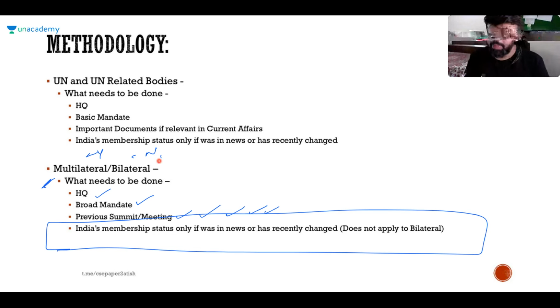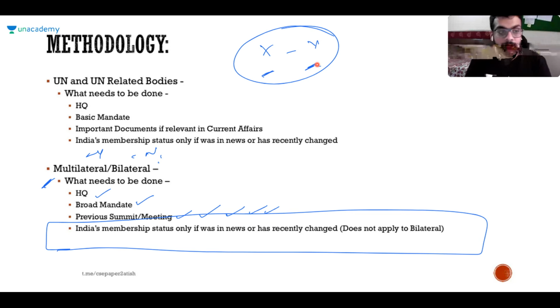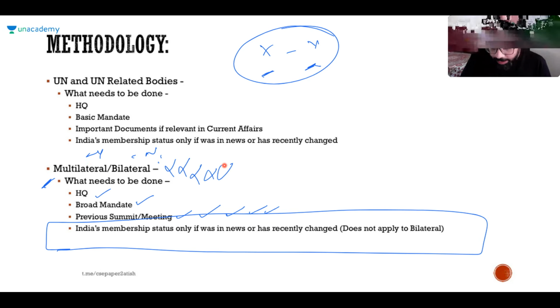Bilateral is a relationship between X and Y. They're already members, it can't change their membership status. Okay, so that's the larger idea. X and Y. So India's membership status needs to be done for multilateral organizations, but it does not have to be done for bilateral organizations.